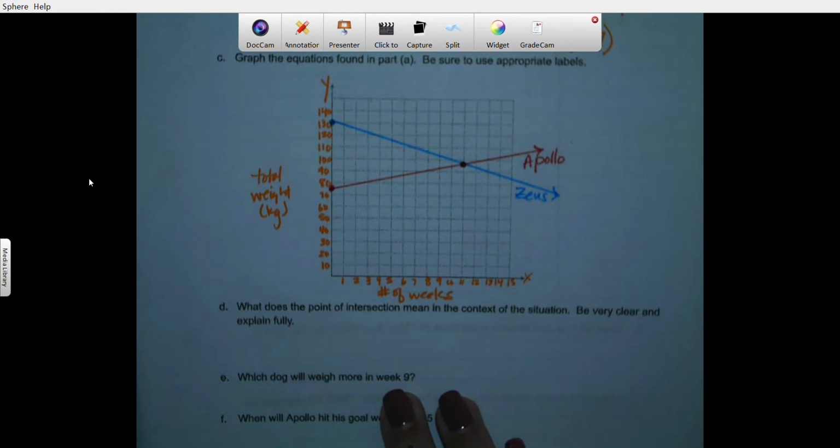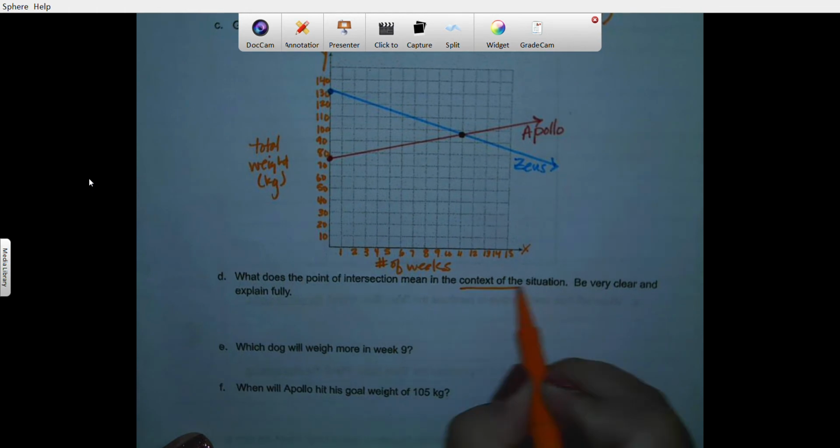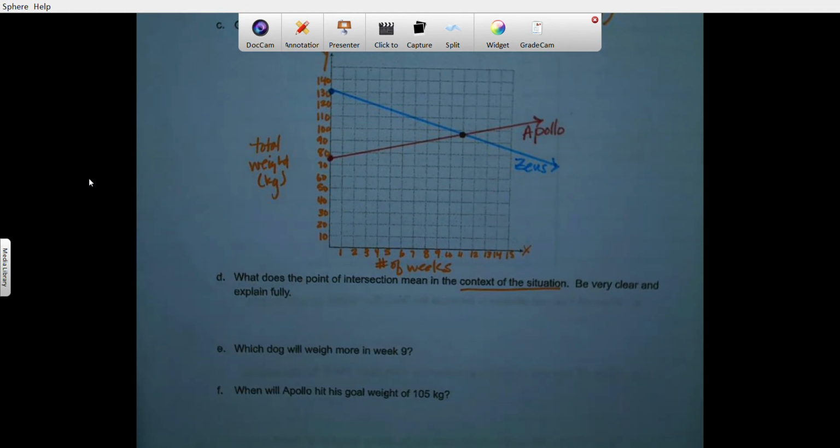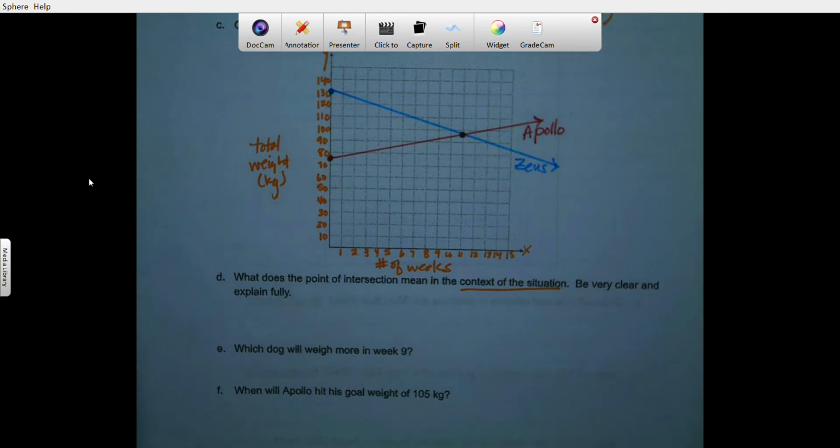Now I'm going to answer the questions on the bottom. What does the point of intersection mean in the context of the situation? Context in the situation means I should be answering based on this case. So based on the two dogs' weight, be very clear and explain fully.